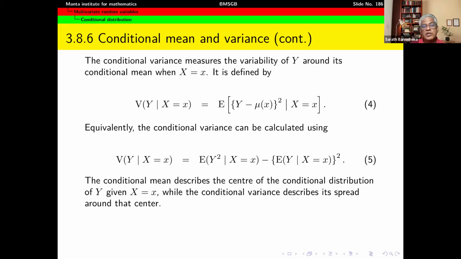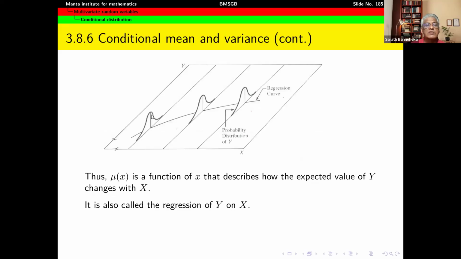The conditional mean describes the center of the conditional distribution of y given x. So that's a measure of the center of the distribution, while the conditional variance describes the spread around that center, right? So here, the conditional variance gives you a measure of the size of the dispersion of this particular distribution around this center.